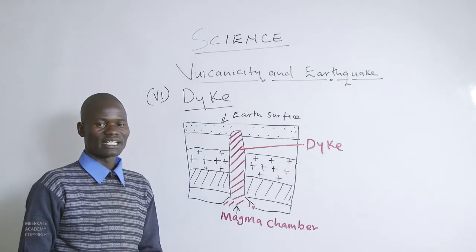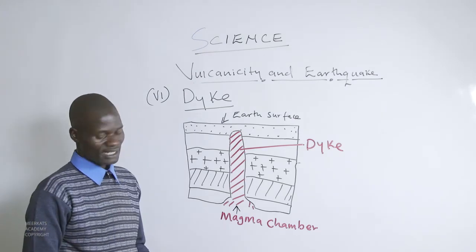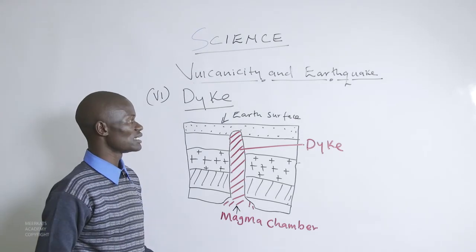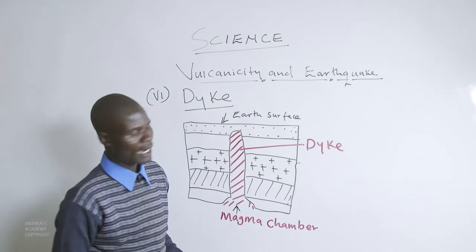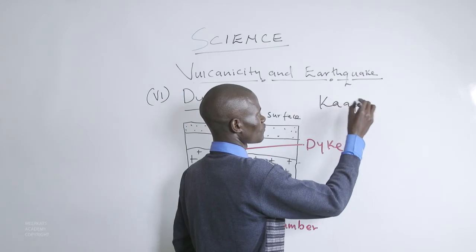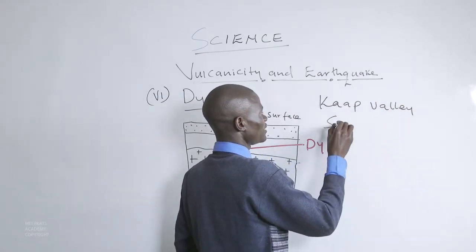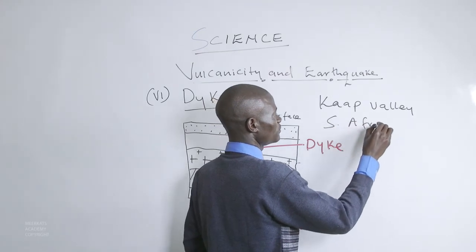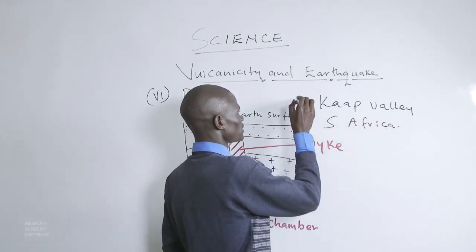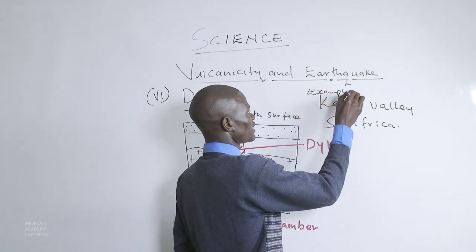It is one of the intrusive features that may develop, and an example is found in the Cape Valley of South Africa. That is an example of the dike.